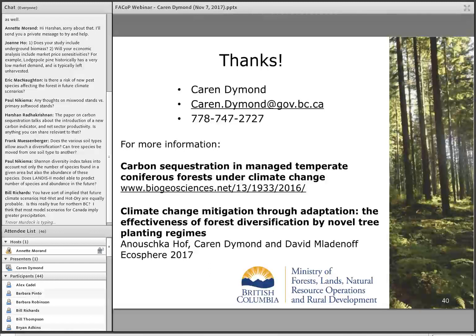If not, I should say that we didn't project an increase of wildfire for the study area, because the projections that have been done don't show an increase in fire risk or fire hazard for this part of BC.